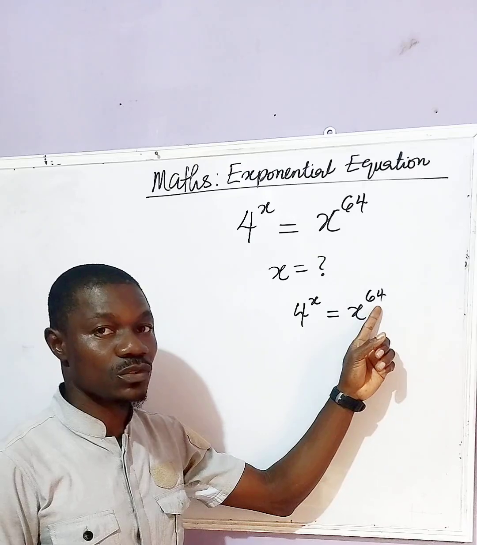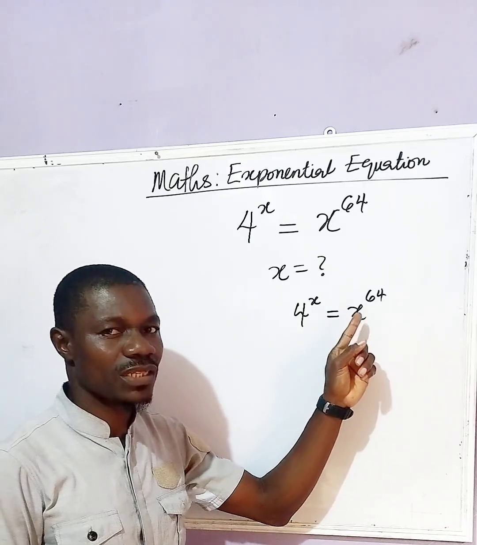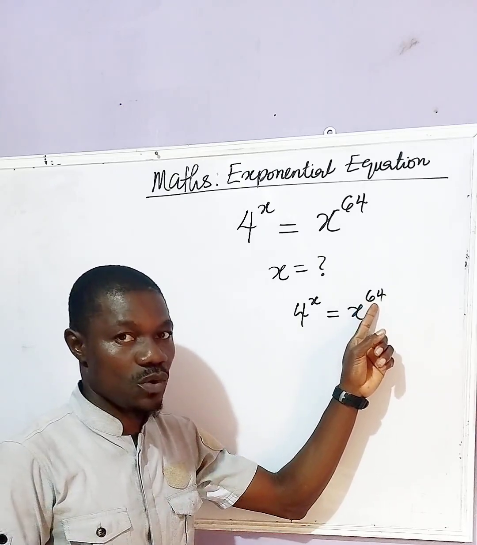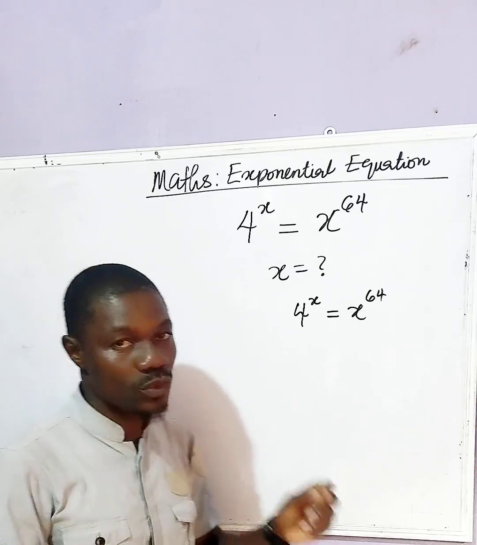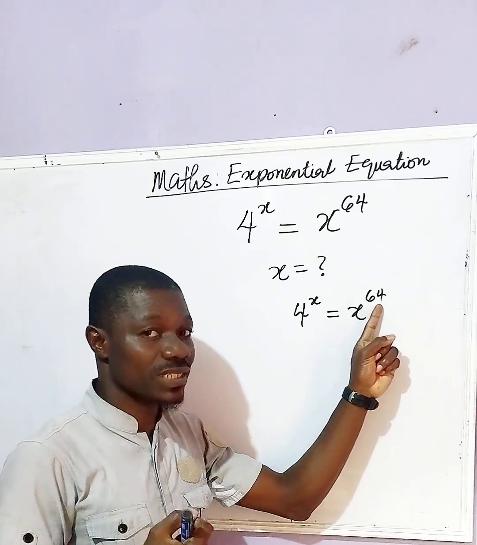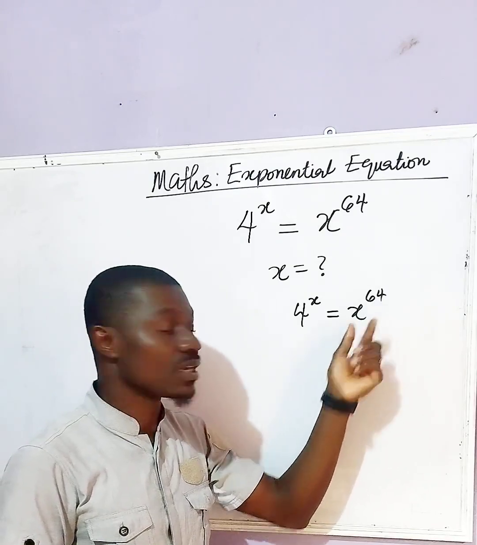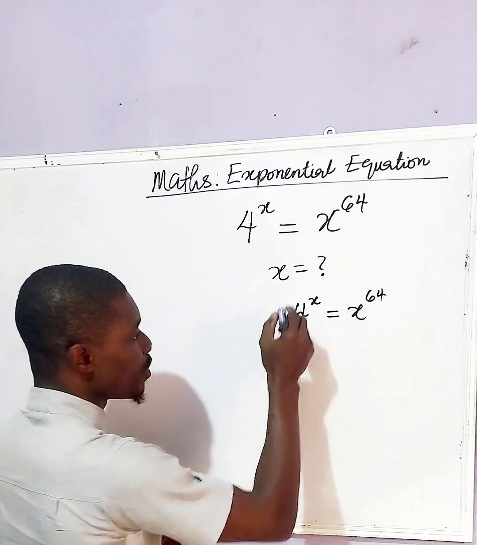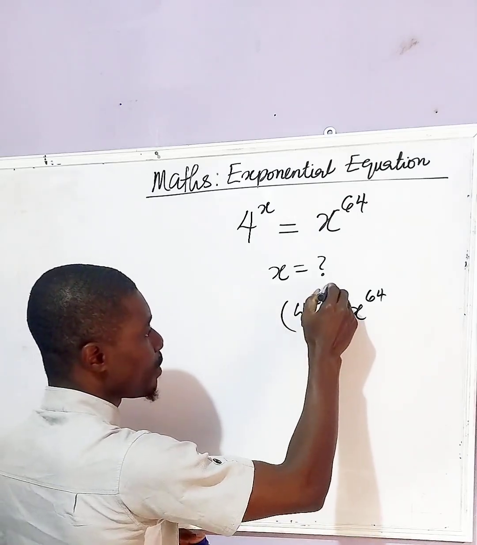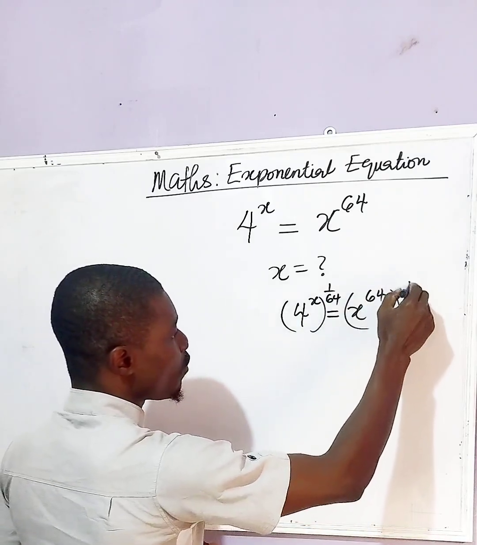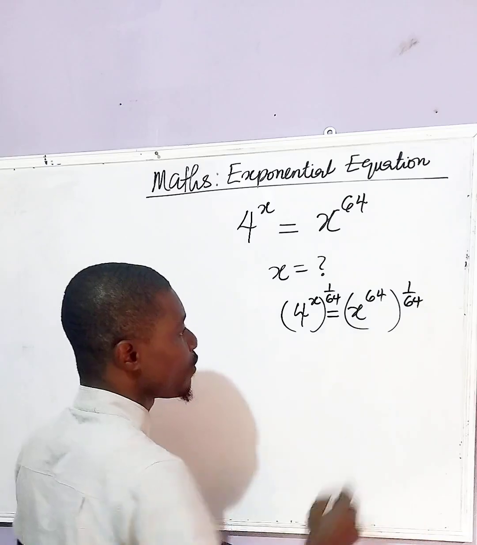The first thing we need to do is to raise both sides to the reciprocal of 64, to undo this 64 at the right hand side of the equation. So we raise this to the power of 1 over 64.